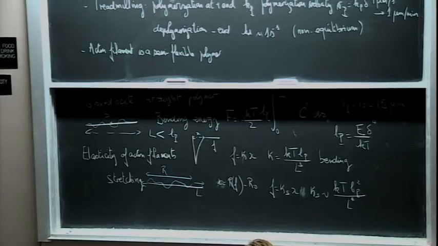There is lots of work on that by people like Dave Morse or Fred McIntosh. Maybe you worked on that as well, I don't know. That's far from trivial, and it counts because some of the entanglements are trapped, and that you should include in the modulus. So there is the entanglement length.